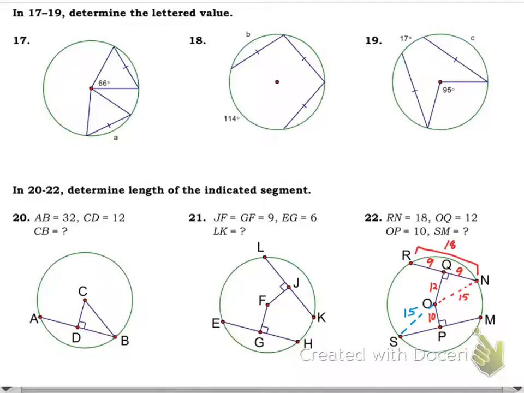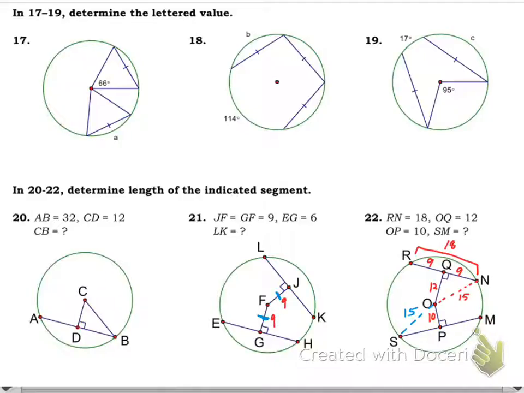Okay, other questions? Right? 21. So we have JF equals GF, and then it says they both equal 9. So that's 9, that guy's 9.